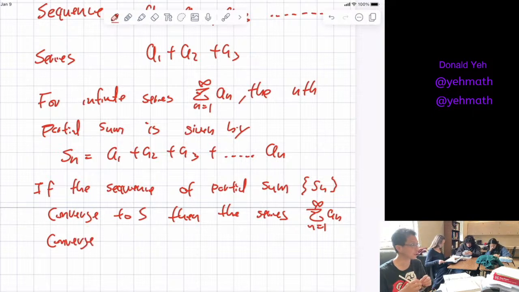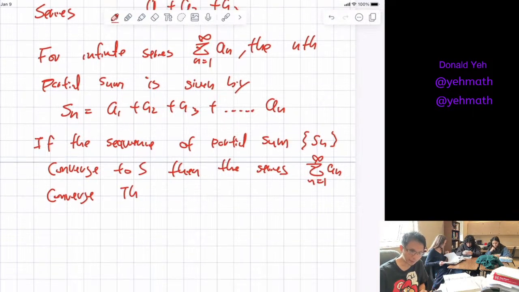So if it converges, it will go to a definite value. And we can say the limit S is the sum of the series.